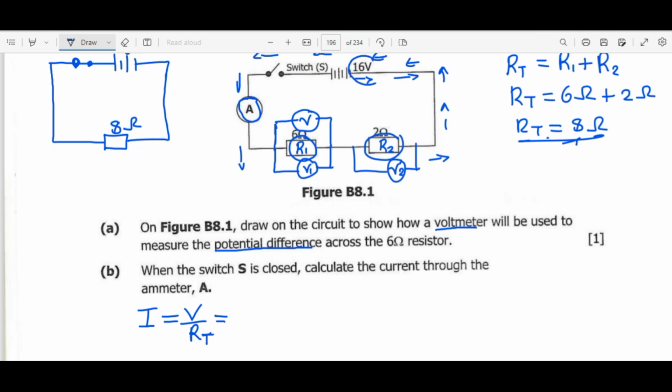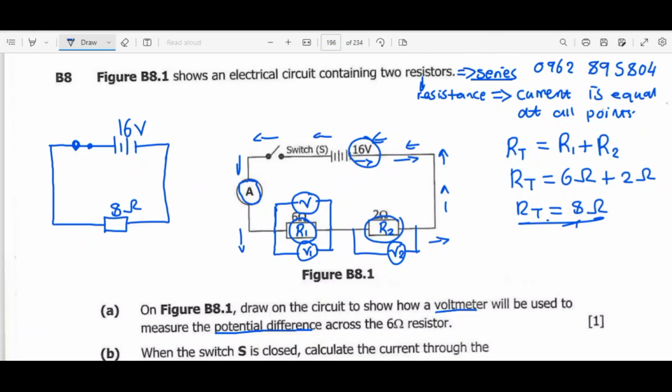You just have to get the total, which is 16 volts over total resistance 8. So if we divide 16 by 8, I'm getting 2 amps. Remember, the units for current are amps. Right, so we are done finding the total current produced by this circuit.